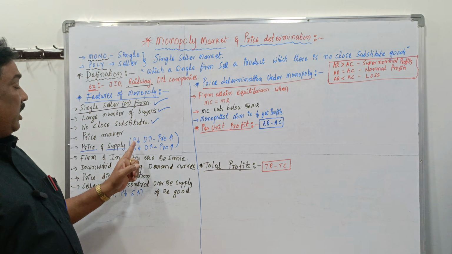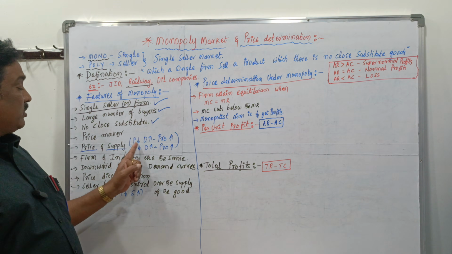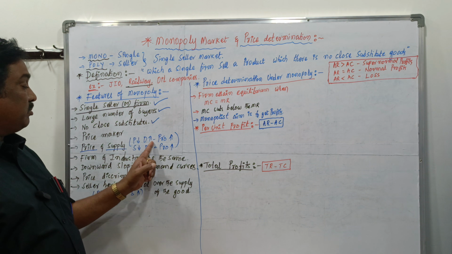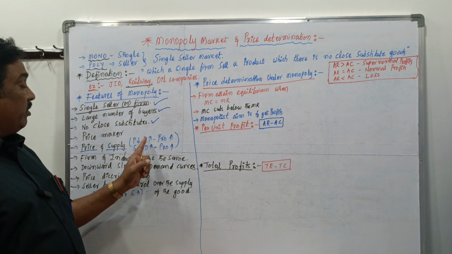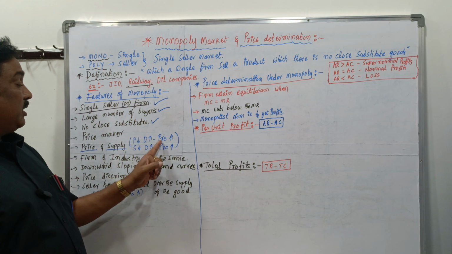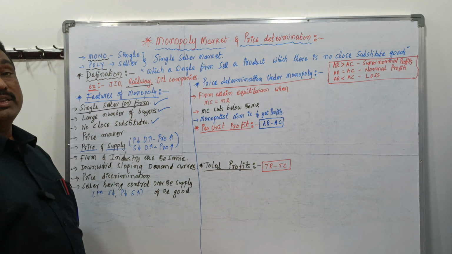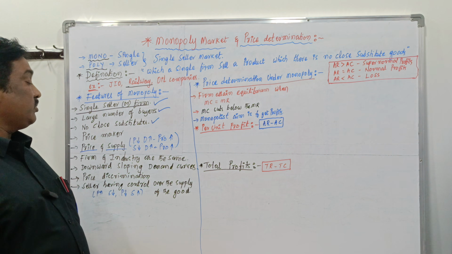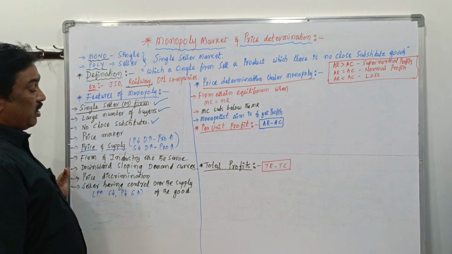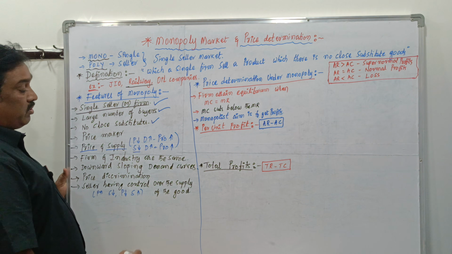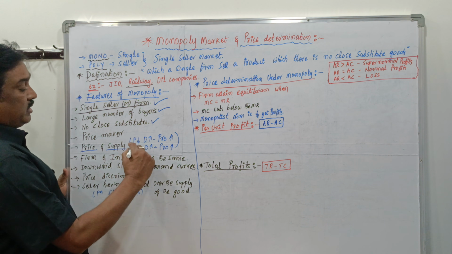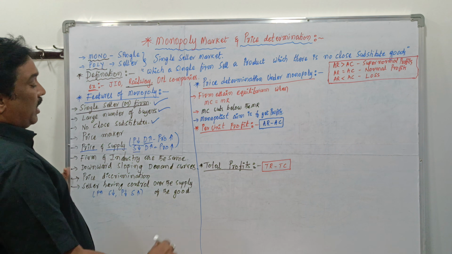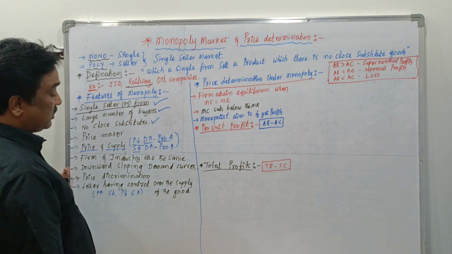For example, if they decrease the price of the commodity, automatically the goods' demand also increases in the market. When the demand increases, their profits also increase.